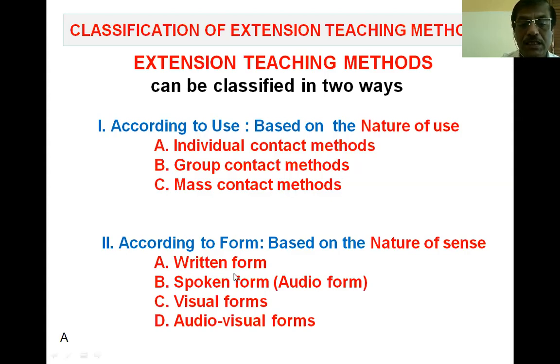Based on the sense involved, they can be classified into written form, spoken form, that is audio form, visual form, and audiovisual form. So according to form, we can classify the methods into four groups. According to use, we can classify them into three groups.